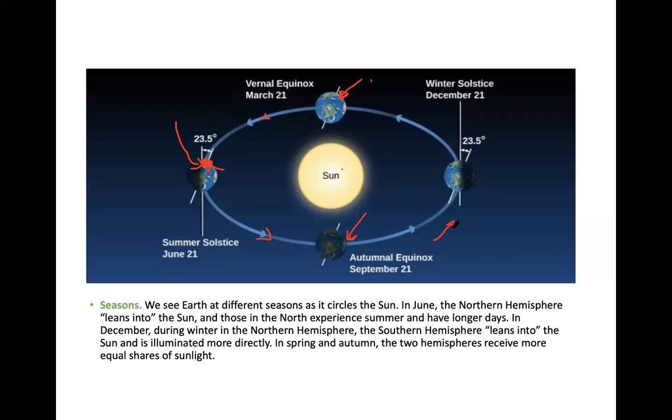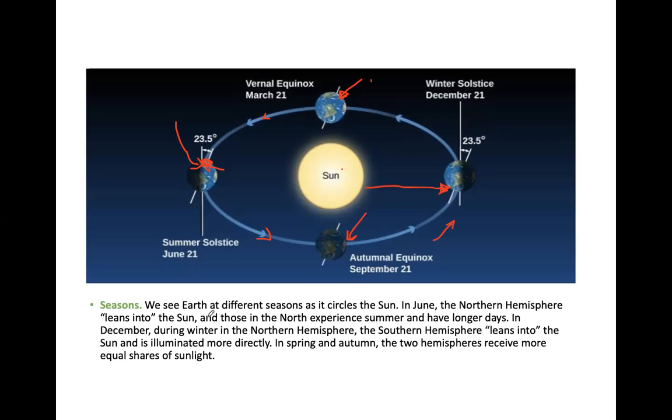Now, when it moves in the southern hemisphere direction, all these countries right here in the southern hemisphere get direct sunlight from the sun. So that's why they have summer in the months of December and January. And we call this the winter solstice, right? Now, this is what I have explained here.